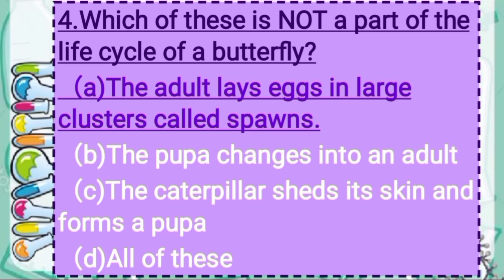Which of these is not a part of the life cycle of a butterfly? Answer is option A. The adult lays eggs in large clusters called spawns, which is a part of the life cycle of a frog. So answer is option A. The adult lays eggs in large clusters called spawns is not a part of the life cycle of a butterfly.